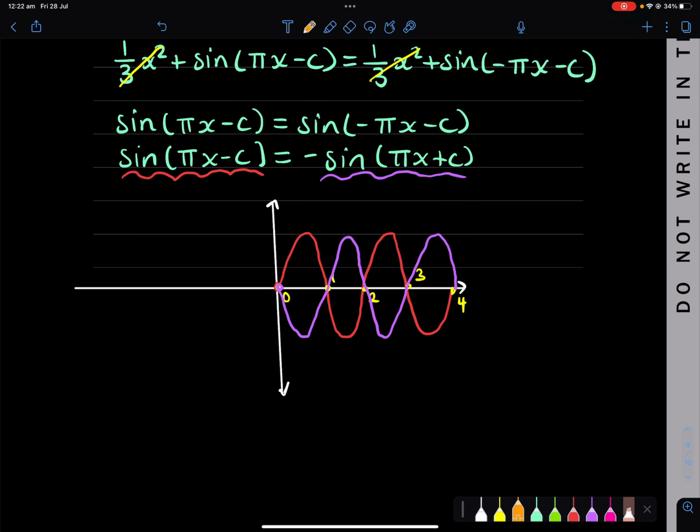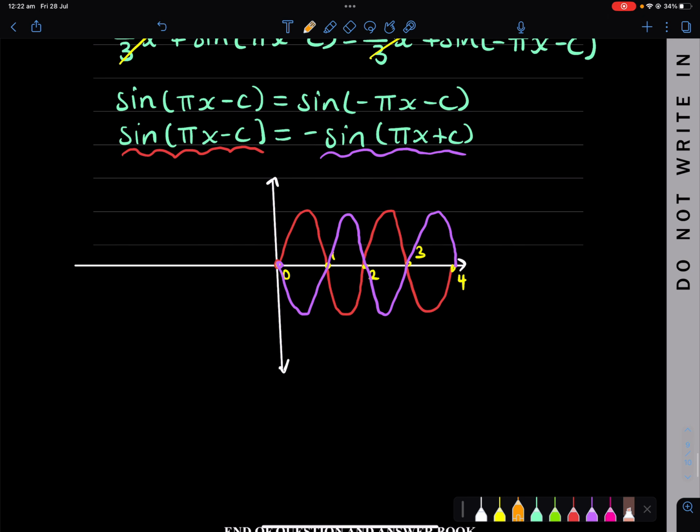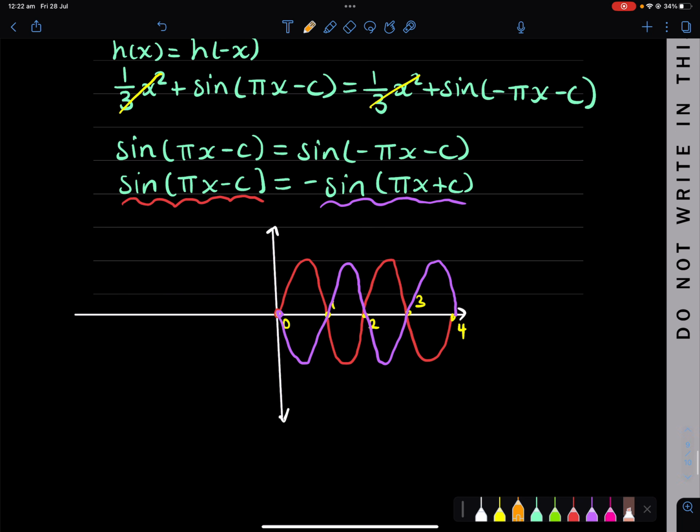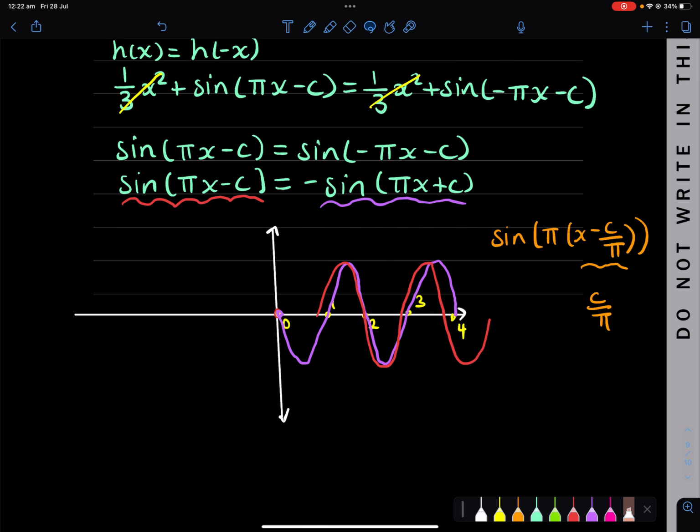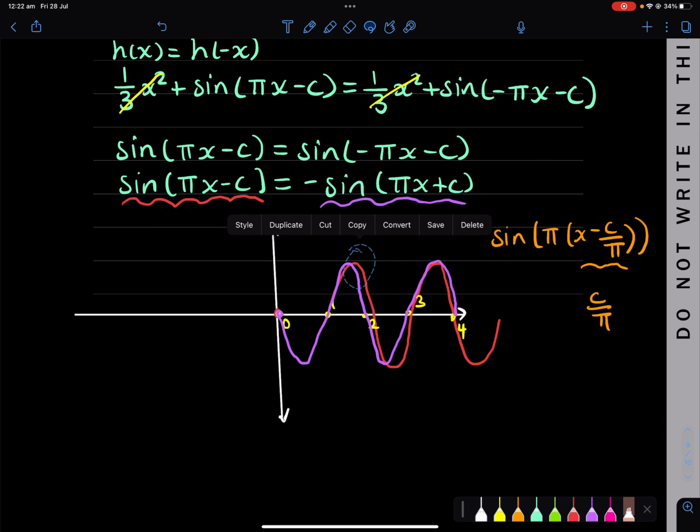To make them equal, let's say c equals, so I'm going to write the first one first: sine, taking that pi out, so it'll be pi times x minus c over pi. If we move the red graph to the right by 1 unit, it'll be like this.